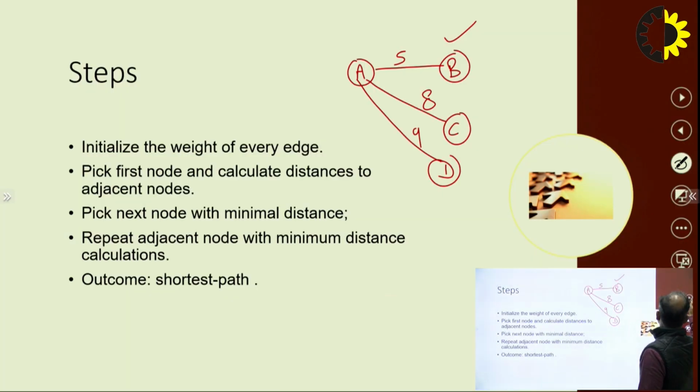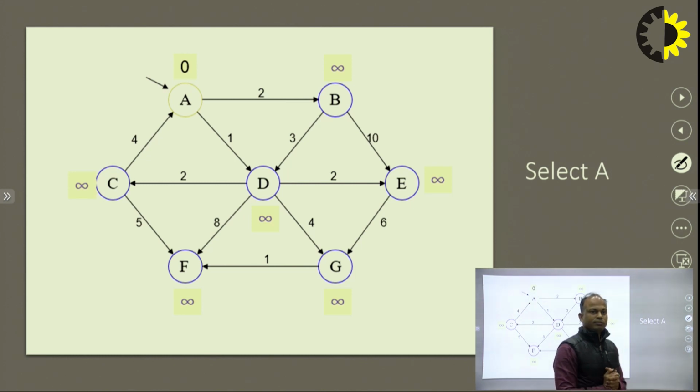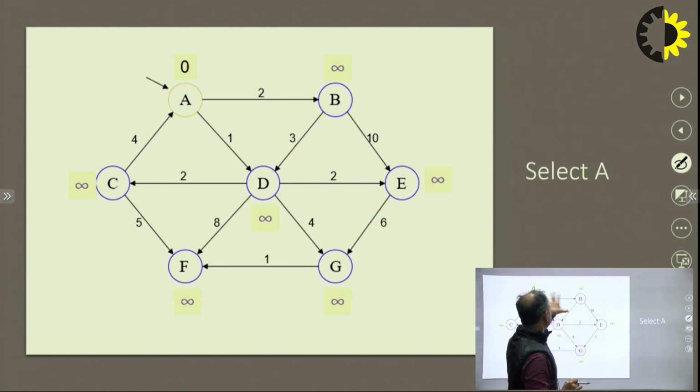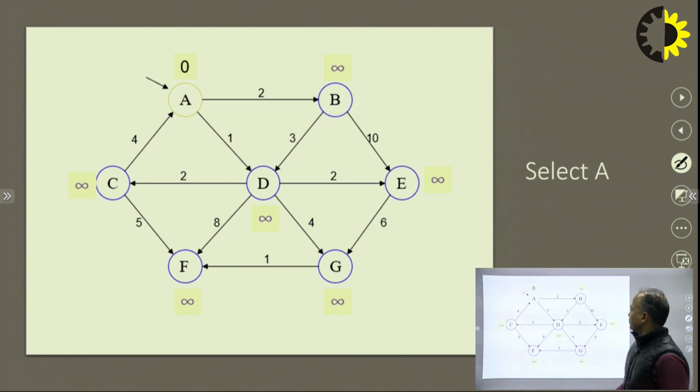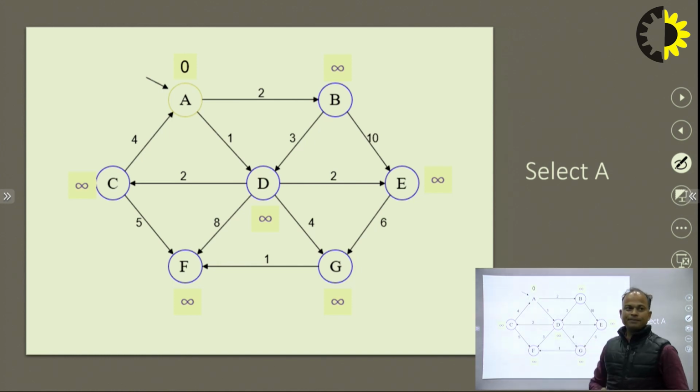Now, say this particular graph is given, and here we have various vertices, A, B, C, D, E, F, G, etc. And we have mentioned the distances.